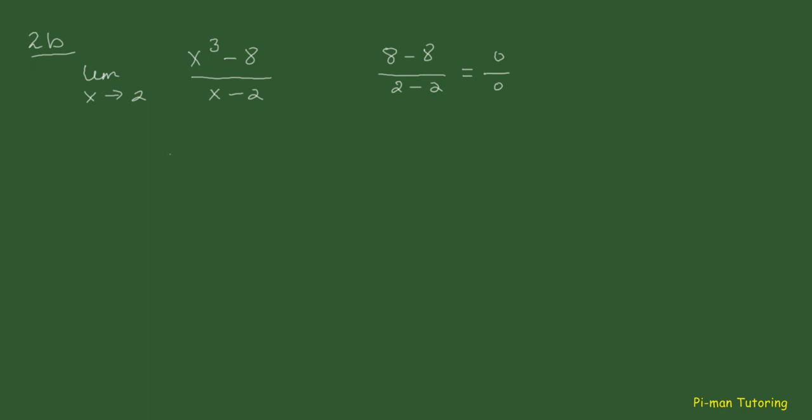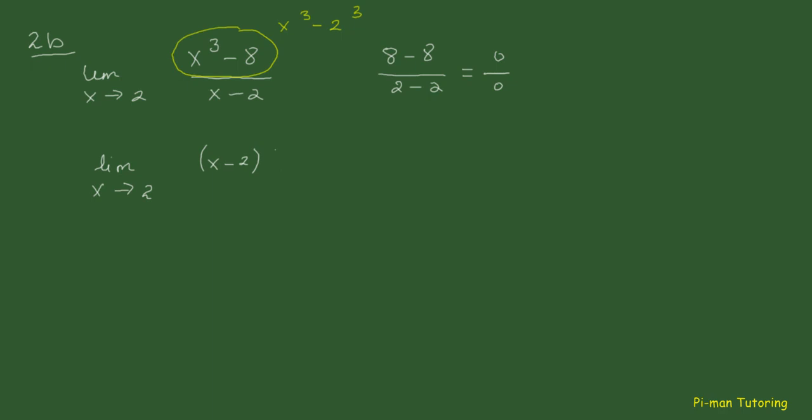We notice that the top expression is actually the difference of cubes. It's important to be able to spot when you have a function like this and realize that it is actually x cubed minus 2 cubed. So you have a difference of cubes, and that allows us to factor the top. We pull out an x minus 2.